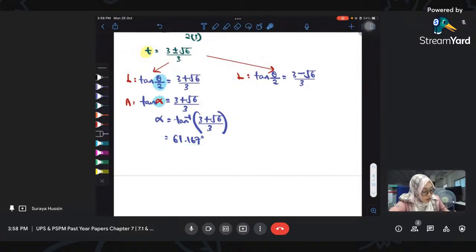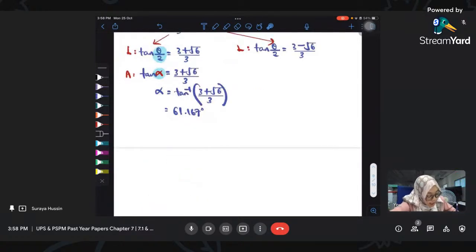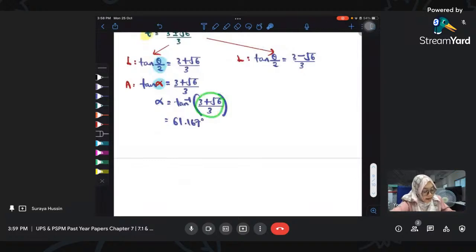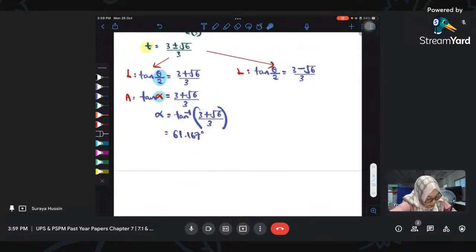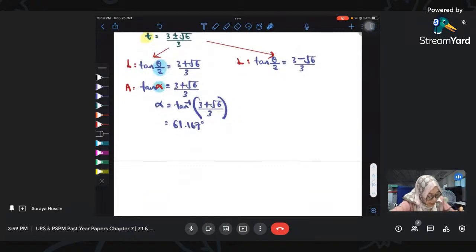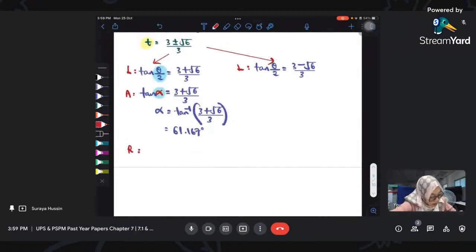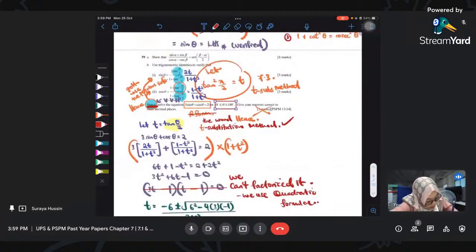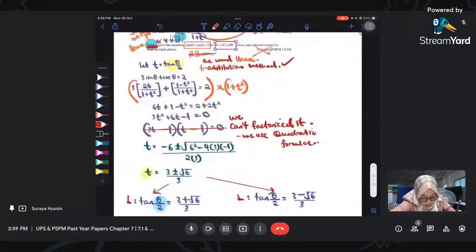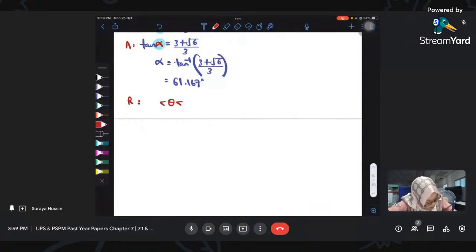Sebab kita tak nak takut jawapan kita at the back here, theta over 2 kita, dan theta akan lari sedikit. We don't want that. That's why we take the whole solution. It's going to be much more safe lah. So now we gotta find our R. R is range 0 until our theta is 0 until 180 degree.